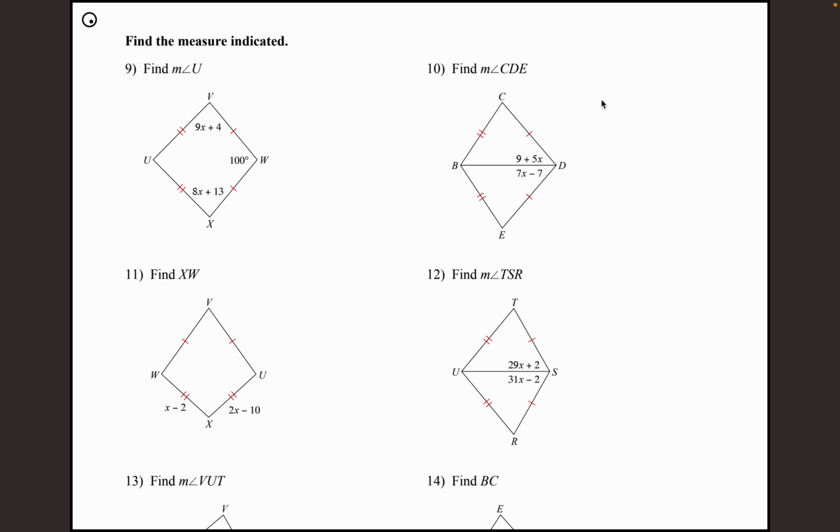You got to figure that out. Okay, so the angle bisector, right? 9 plus 5x equals 7x. How do you solve it? Pay attention to 9. 9's going to be a little different.